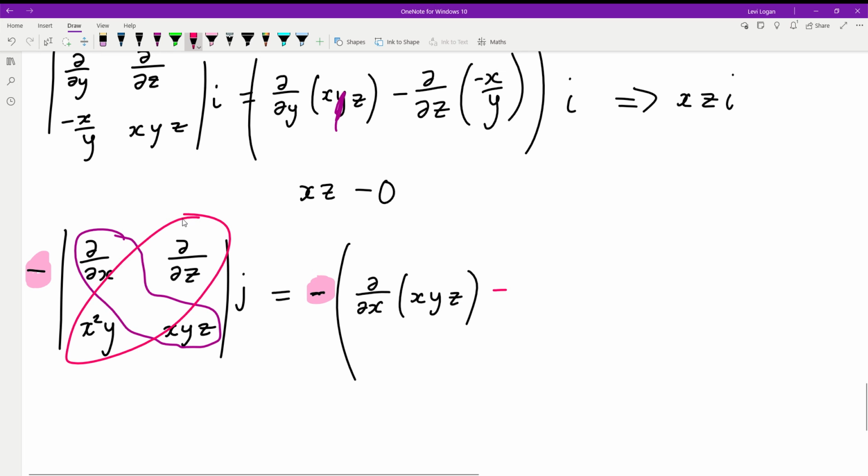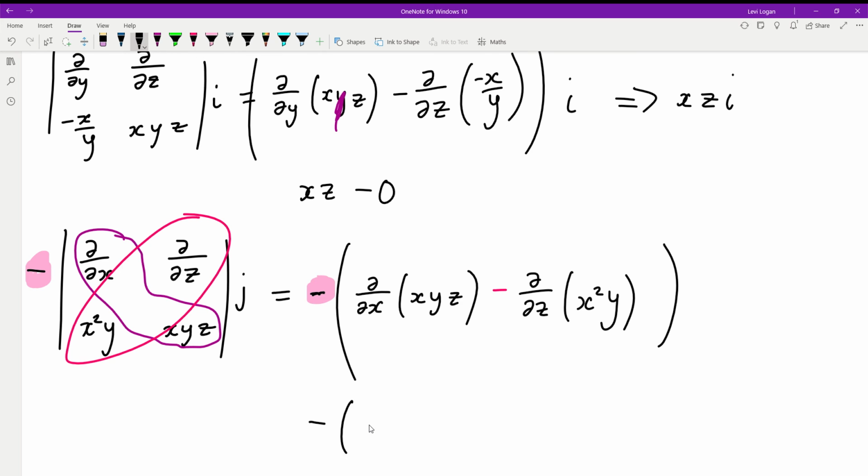Subtract this times this, so it'll be del z of x squared y. And then we can work this out. Differentiating this, you can see that x is going to disappear, so you're going to get negative of yz. Differentiating this, you can see there's no z, so it's going to be minus 0. So you get negative yz as your j component, okay?